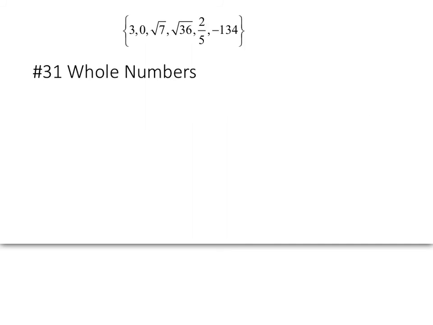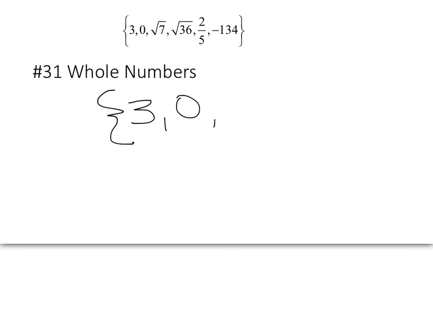Now, in numbers 31 through 35, they're asking you to look at this set of numbers and say which of them is a whole number. So you're going to look at each one. Is 3 a whole number? Yes. Is 0 a whole number?